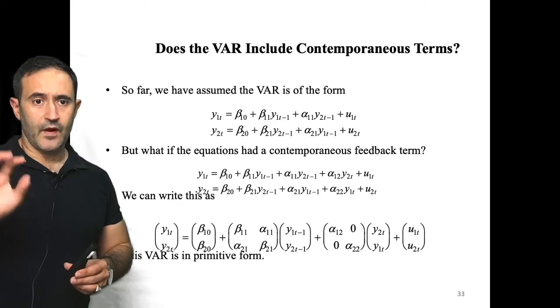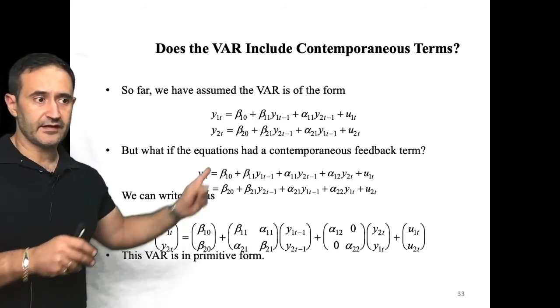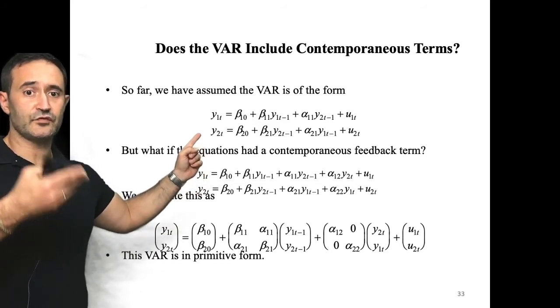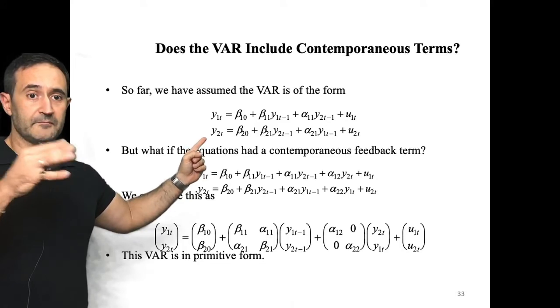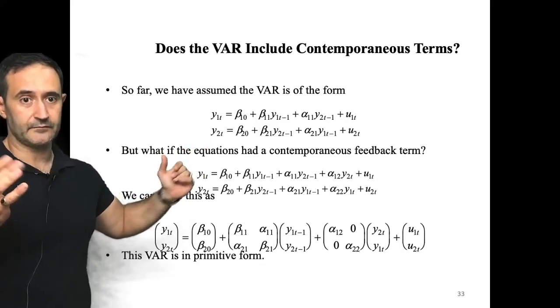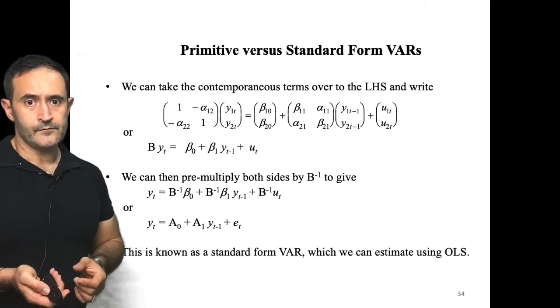Why do we need to identify the model? Because from this VAR model that we have here, what we want to do is to go back to the structural model, where we have contemporaneous values of the variables both on the left and on the right, because that is more meaningful.